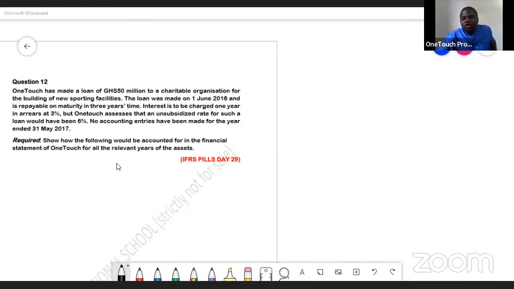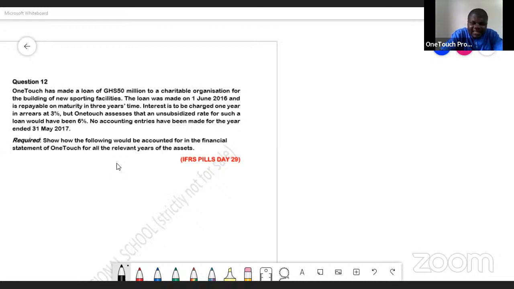Question 12, unsubsidized loan. One side has made a loan of 50 million to a charitable organization for the building of new sporting facilities. The loan was made on 1 June 2016 and is repayable on maturity in 3 years' time. Interest is to be charged 1 year in arrears at 3%.